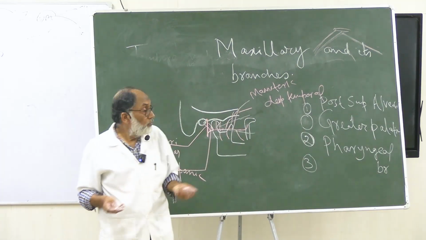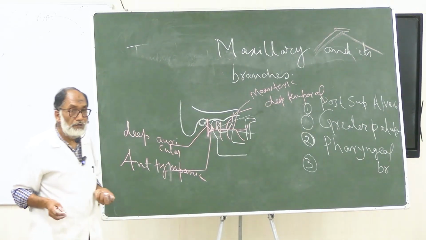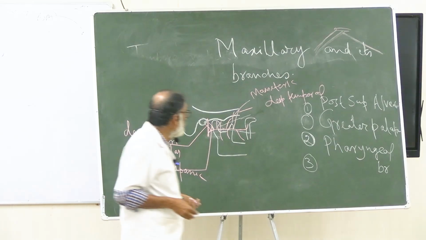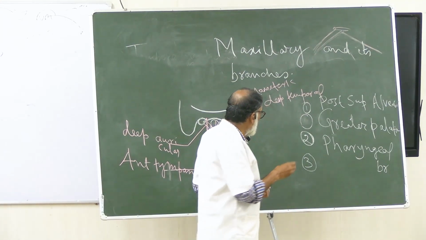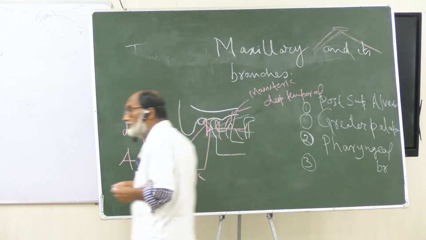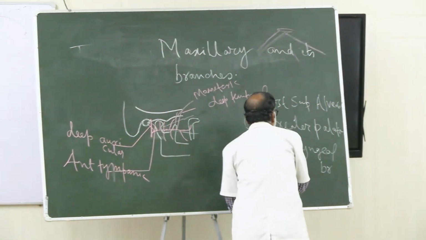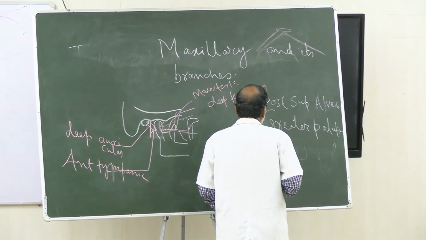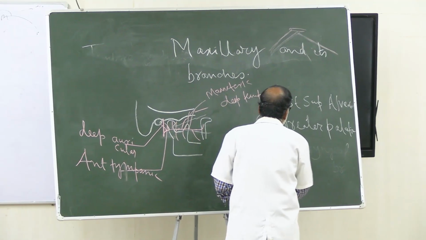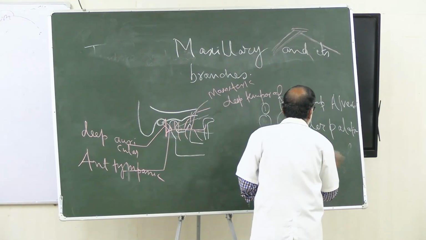Now, greater palatine. Number 2, pharyngeal branch. Before the pharyngeal branch, another branch will come, that is the inferior orbital.